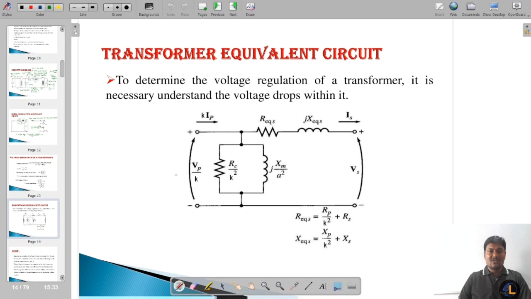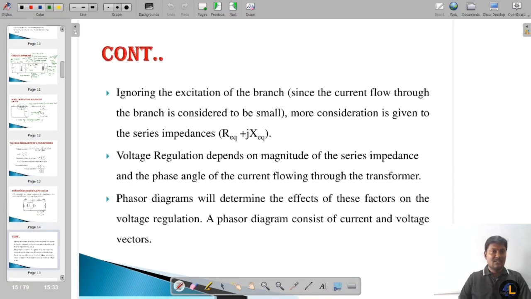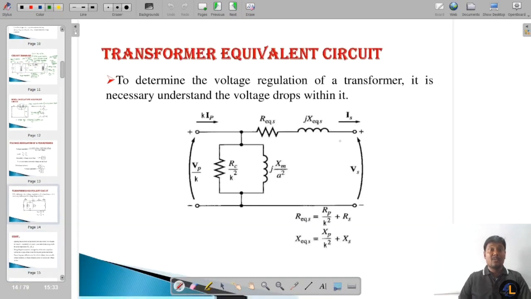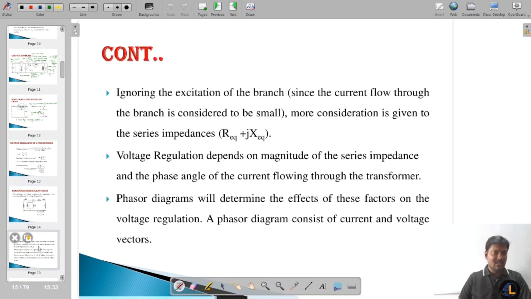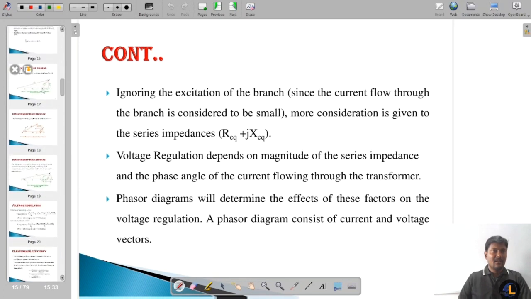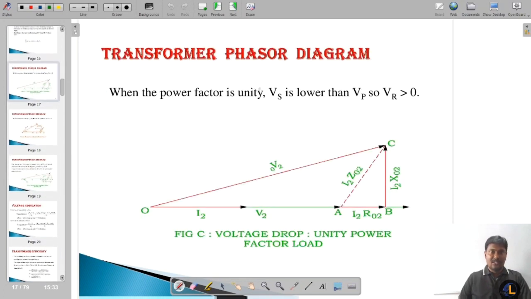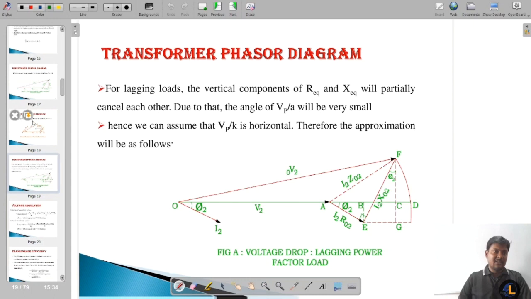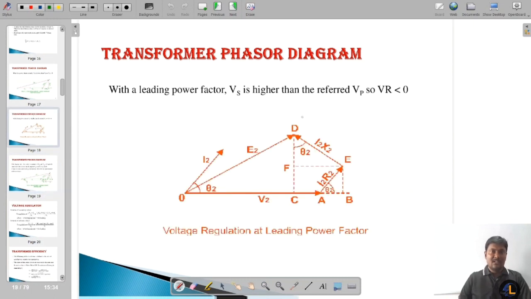This is the transformer approximate equivalent circuit, not exact, because the no load branch is shifted nearer to the supply. This is a phasor diagram for a unity power factor, a lagging power factor, and a leading power factor.